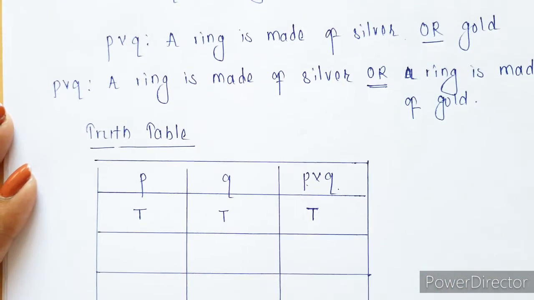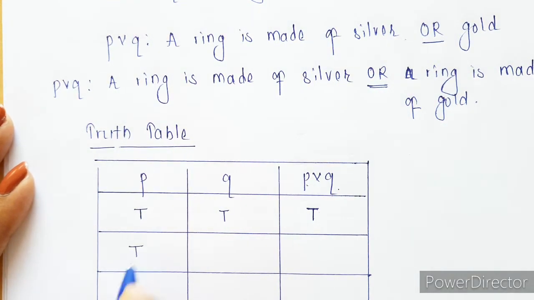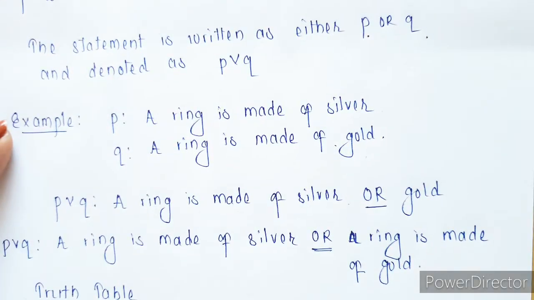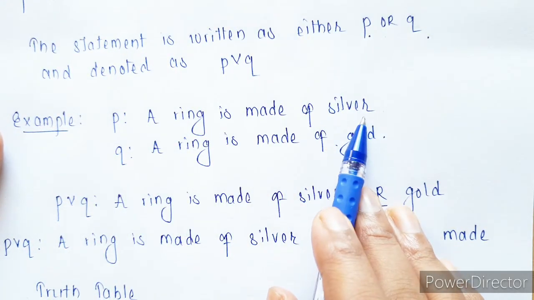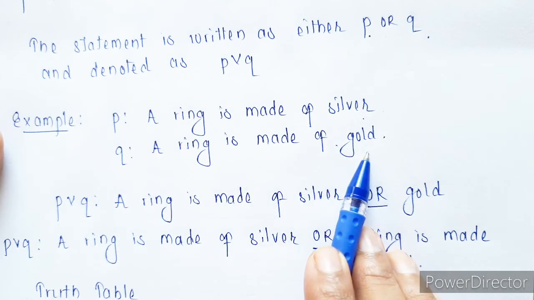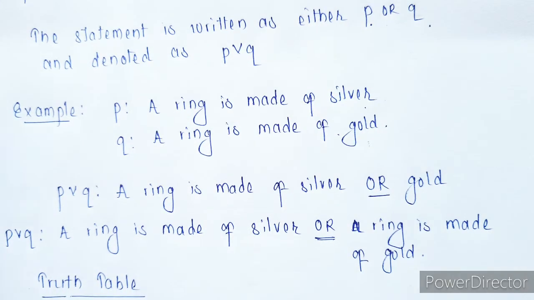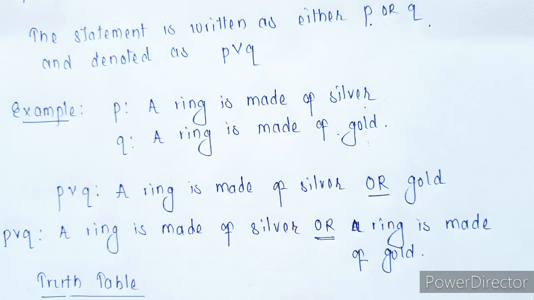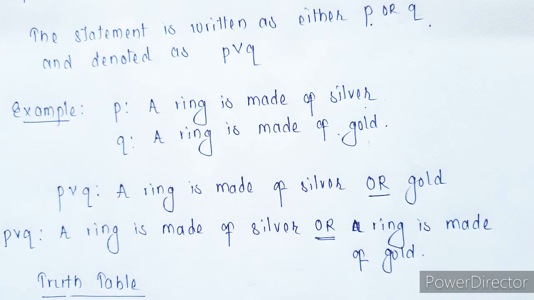Now let's assume that P is true and Q is false, that we have a ring which is made of silver. This is true, but we don't have any ring which is made of gold, and it means this Q is false. But what we are saying is a ring is made of silver or a ring is made of gold. We have a ring which is made of silver, but we don't have a ring which is made of gold, and what we are saying is a ring is made of silver or gold.